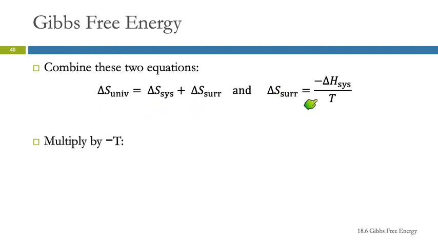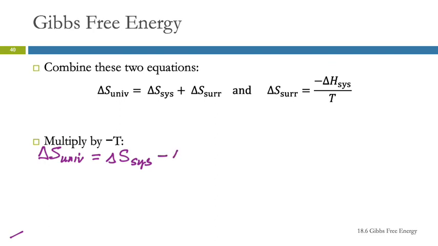The change in entropy in the surroundings is negative delta H system over T. So we could do this: delta S universe is equal to delta S system plus delta S surroundings.